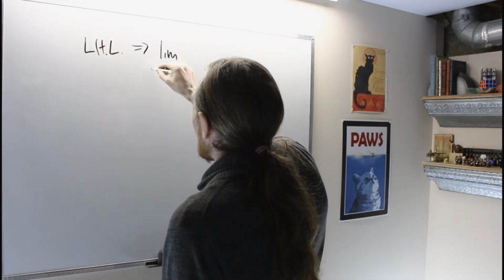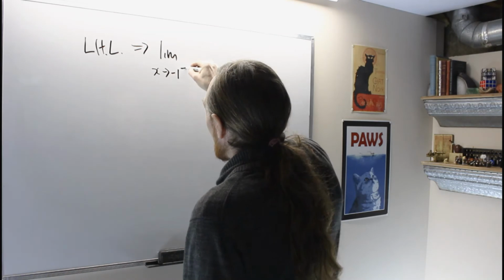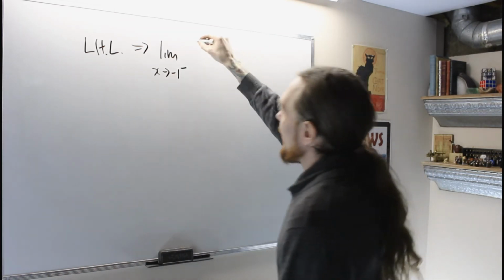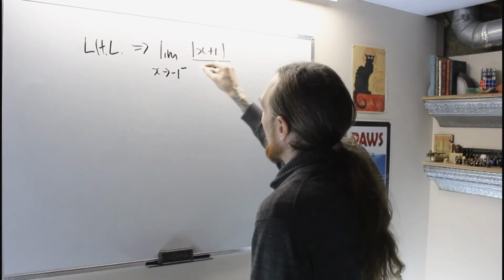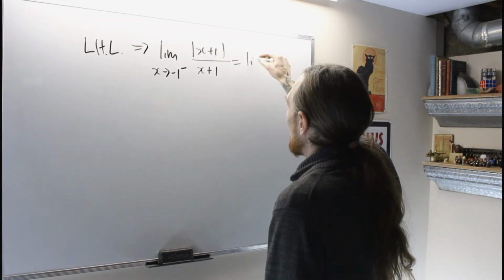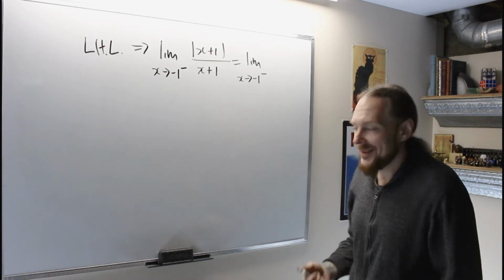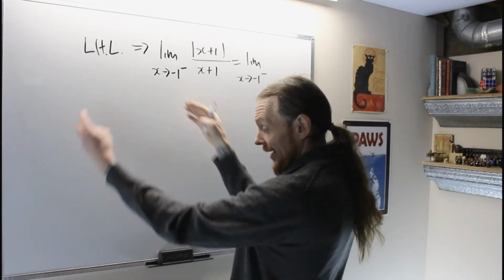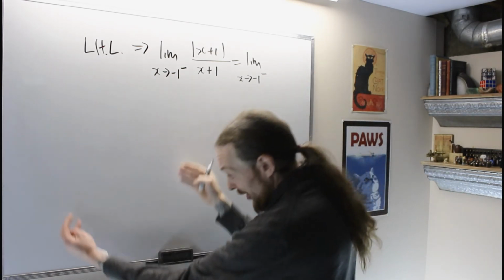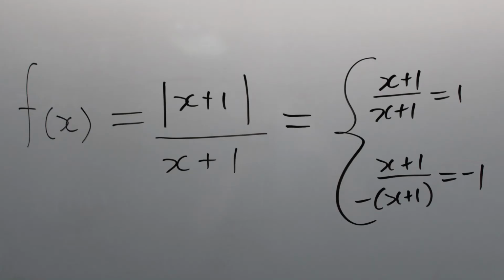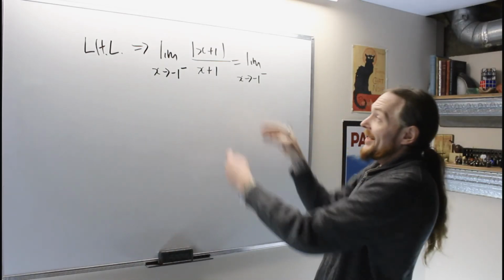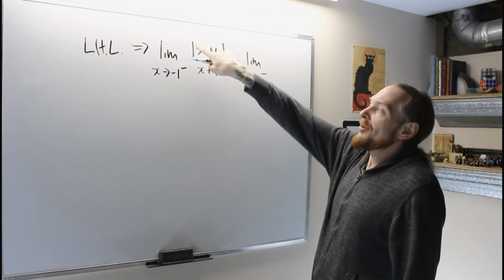The limit as x approaches -1 from below of the absolute value of x plus 1 over x plus 1 equals the limit as x approaches -1 from below. And this is what bothers you, and this is why my side calculation on your exam or on your assignment, don't erase that. That was the calculation that justifies how the student gets rid of the absolute values.